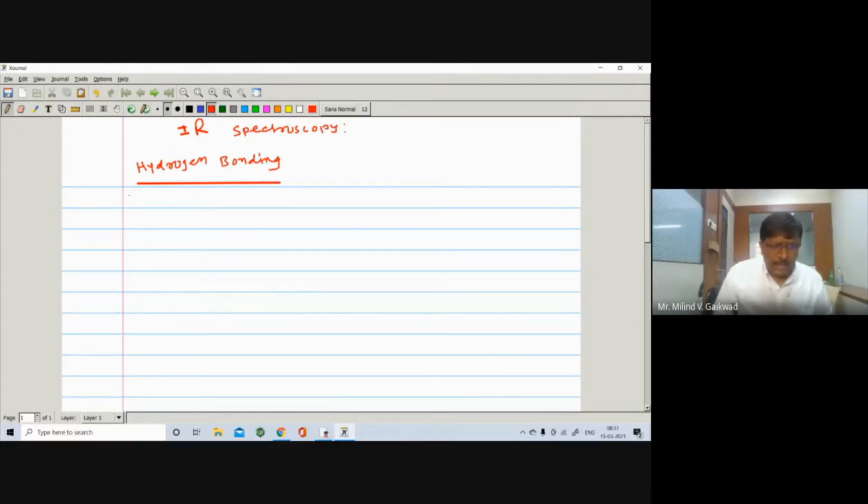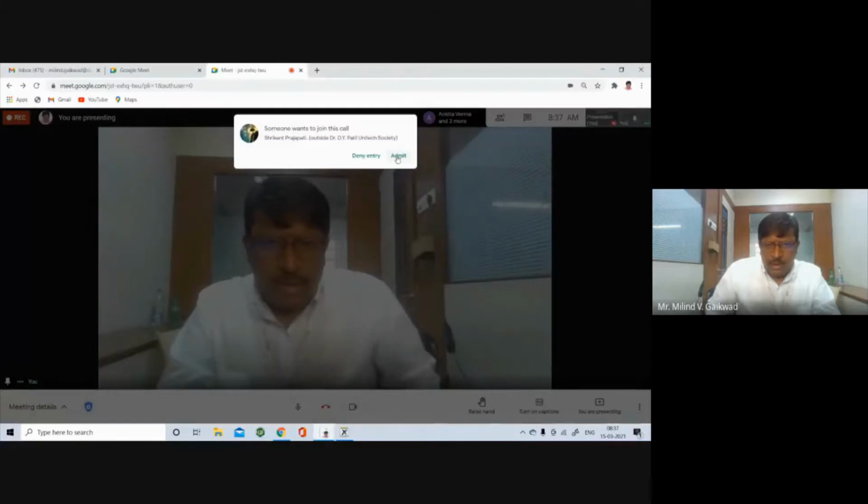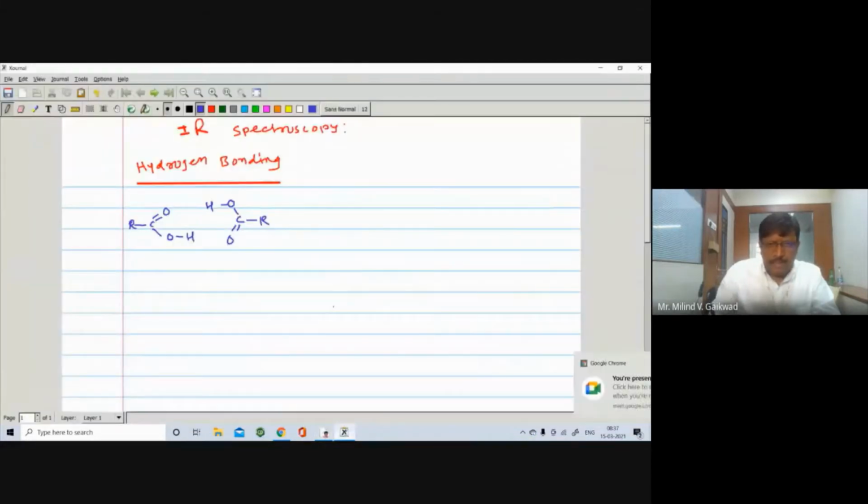Here we learned last time that suppose you have a carboxylic group, R, C double bond O, O and H. The second molecule of the carboxylic group, here is OH, C double bond O and R. Between these two molecules there is hydrogen bonding.